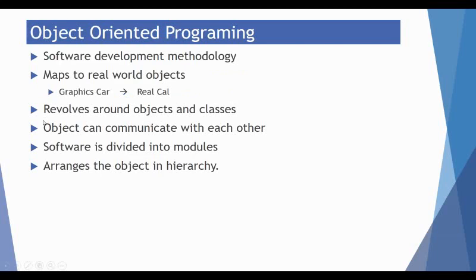Now, all the principles of object-oriented programming languages are designed from real-time principles. In real time, if you look around at the objects, everything we classify into two types, living entities and non-living entities.